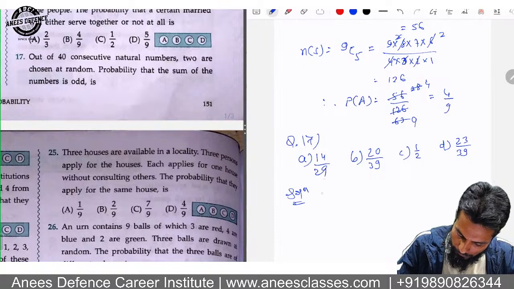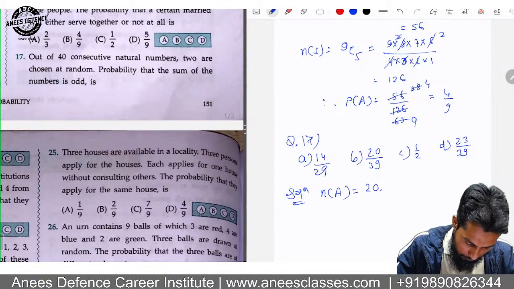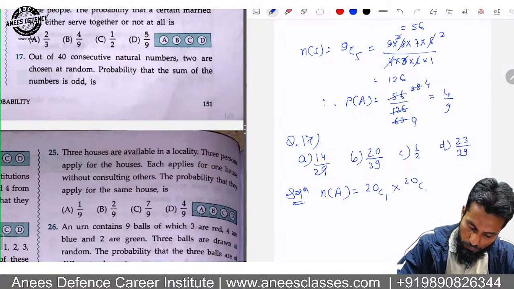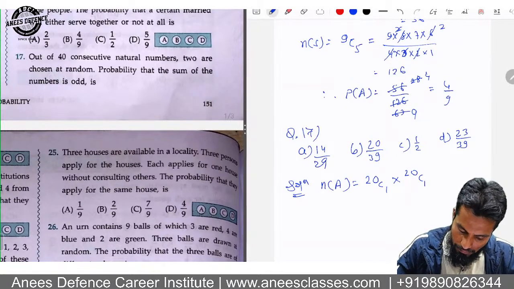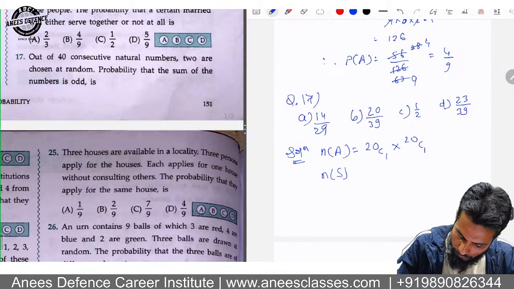So n of A is equal to 20C1 into 20C1. There are 20 even numbers between 1 to 40. How much are you getting? 20/39, option B. Correct. This is the total number of ways for the event to get an odd sum, and the sample space will be equal to 40C2.